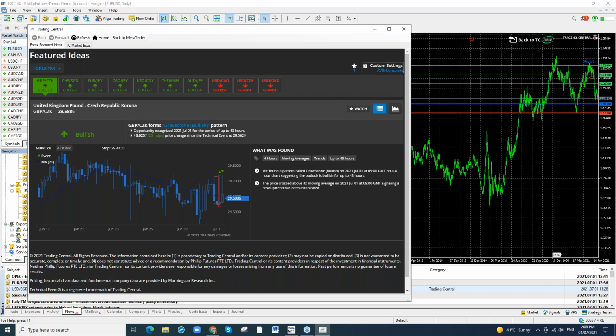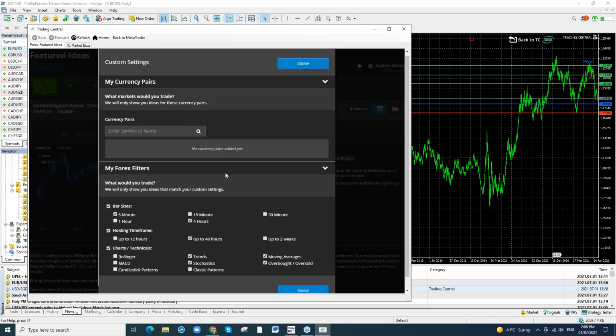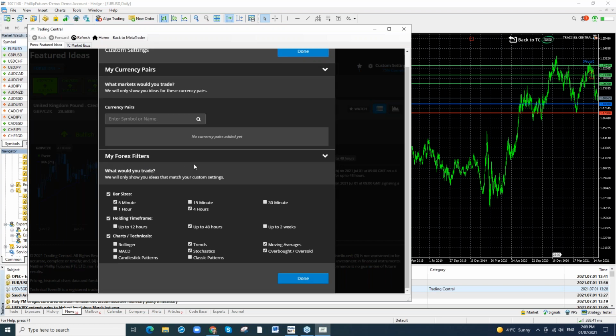How to customize the setting? You just click on custom settings, and for example, you can look for specific currency pairs, but this way you will limit your ideas, so the algorithm will not scan the whole options available. But of course you can do it. But if you are just, for example, wanting to narrow your criteria, you can do it by the bar sizes, holding time frame, and if you are interested in particular charts or technical events, you can do it as well.